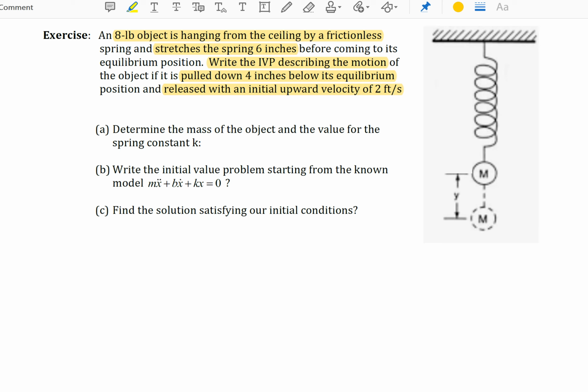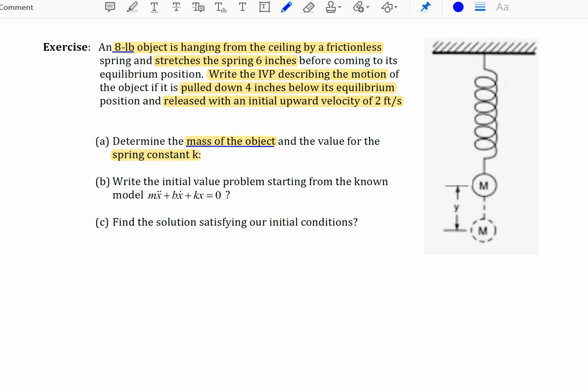Okay, there's a lot of things going on here. But notice they did not tell us what is the mass of the object, and they didn't tell us what is the spring constant. And maybe I should emphasize first that the biggest problem students have with this problem is the mass. Because they say, well, they told us it's 8 pounds, and that's not a mass.